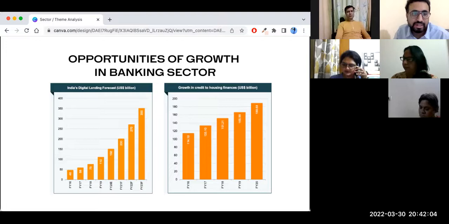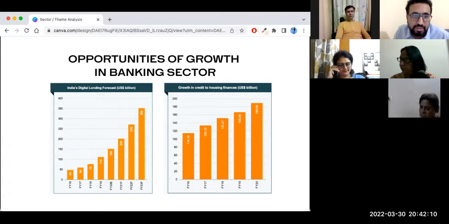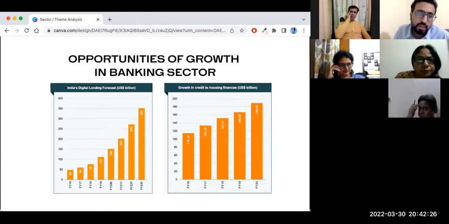Now this digital lending has been growing tremendously, amazingly. You can see the growth also. In FY21, the overall digital lending market is $200 billion.